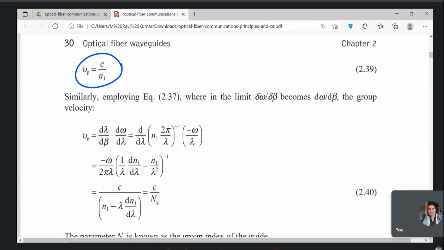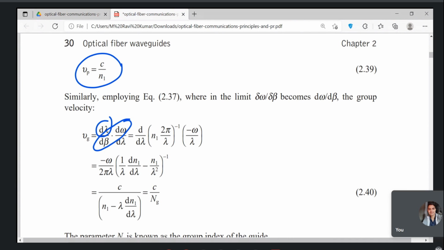So that particular frequency band would correspond to a wavelength band, and that's what is given by d lambda. Fine. So the group velocity is given by, I think, this part. This is what is the group velocity. Fine.